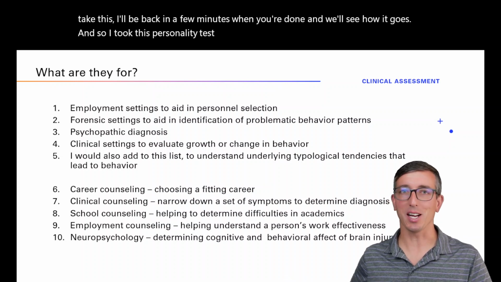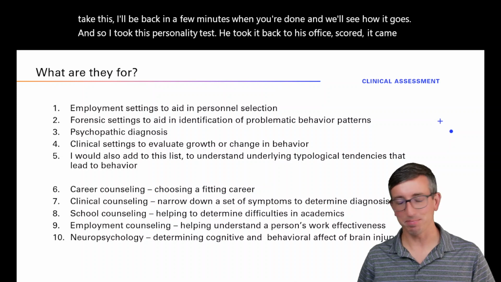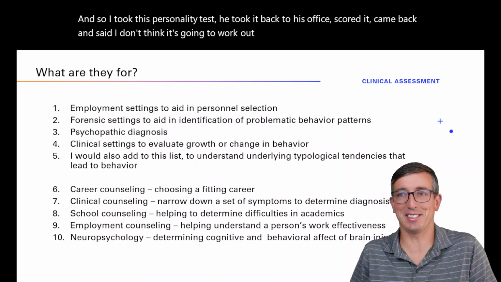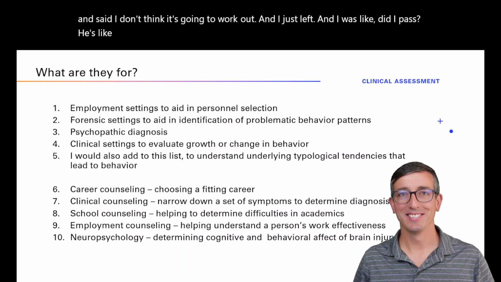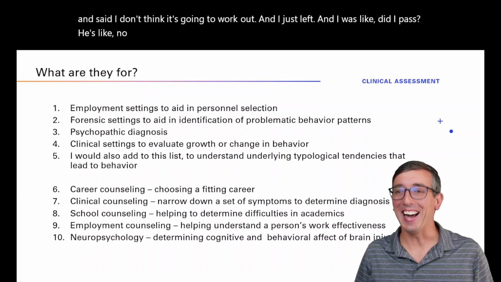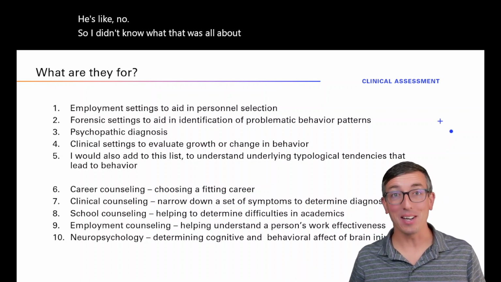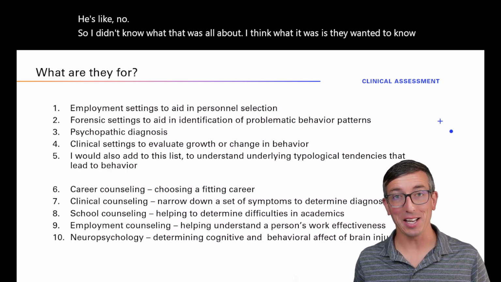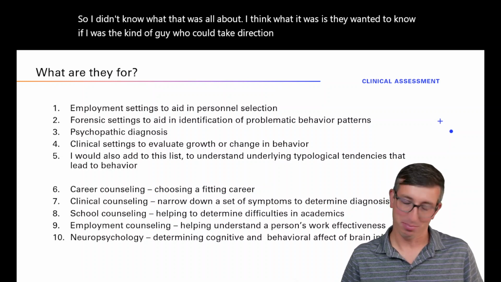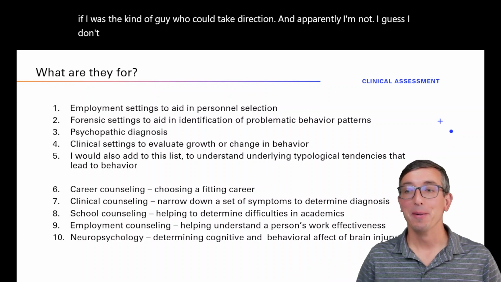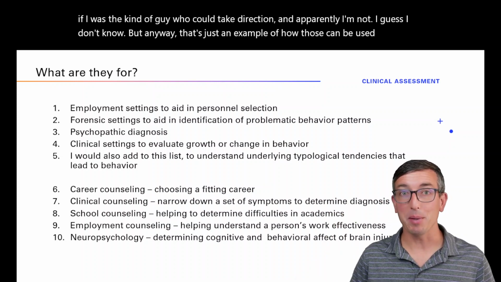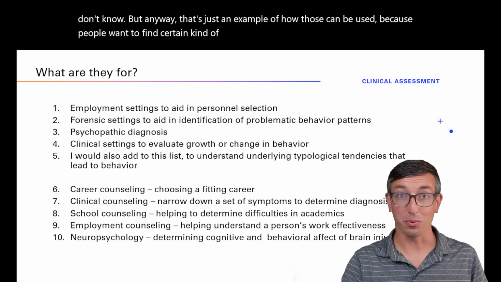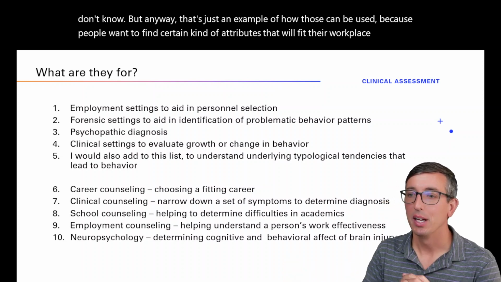He took it back to his office, scored it, came back and said, I don't think it's going to work out. I was like, did I pass? He's like, no. So I didn't know what that was all about. I think what it was is they wanted to know if I was the kind of guy who could take direction. And apparently I'm not, I guess. But anyway, that's just an example of how those can be used, because people want to find certain attributes that will fit their workplace.